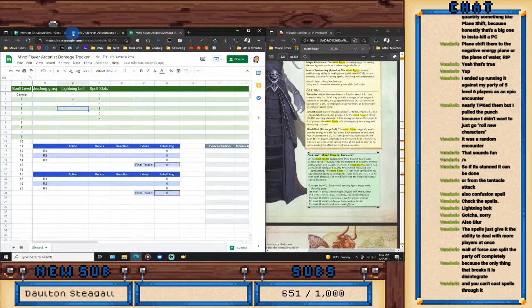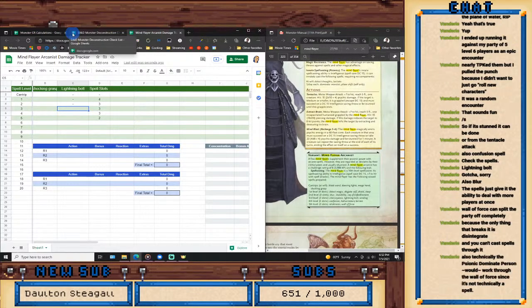Alright. Lightning Bolt does what for damage? I spelled something wrong. Lightning? There we go. I always forget the N after the T. So our Lightning Bolt does 8d6 points of damage and 1 extra d6 for every spell level higher than 3rd.